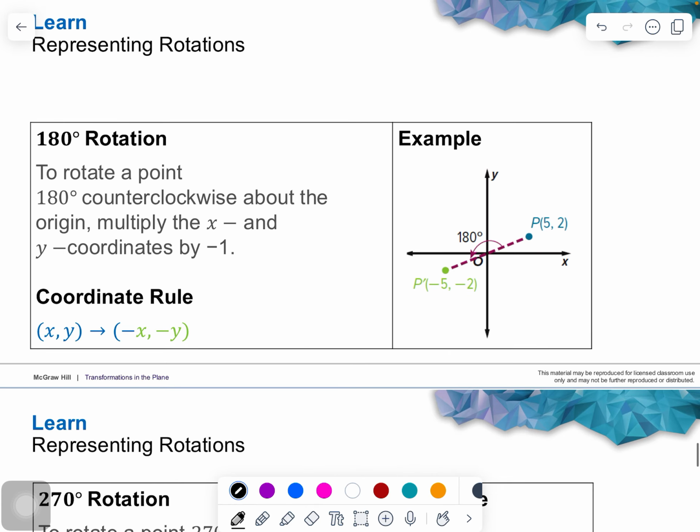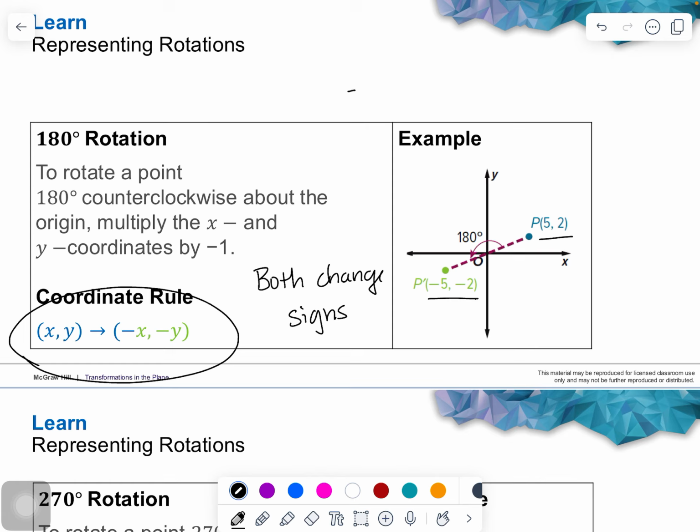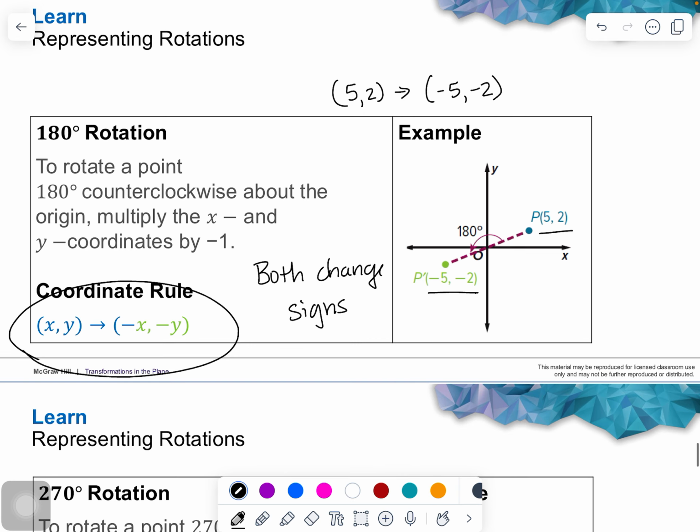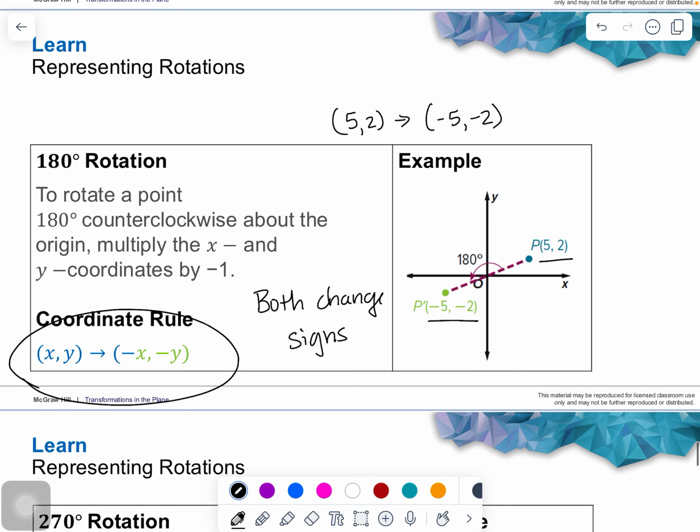Okay, so 180 degrees, the X and Y stay put, but both change signs. Both change signs. Okay, there you go. So it goes from (5, 2) to (-5, -2). And look at that.